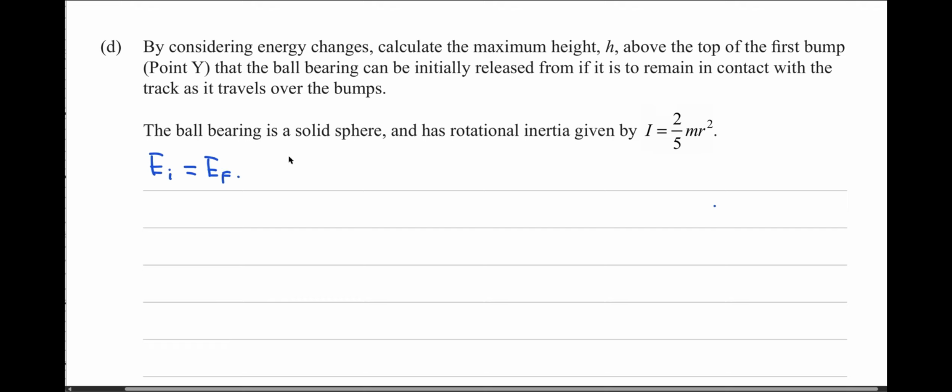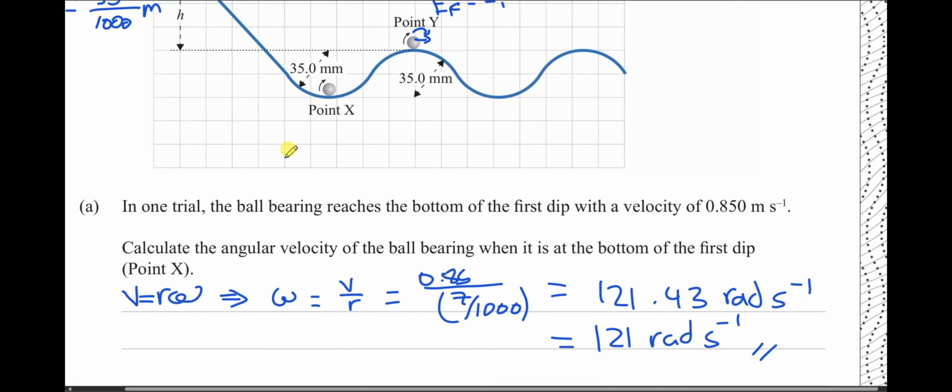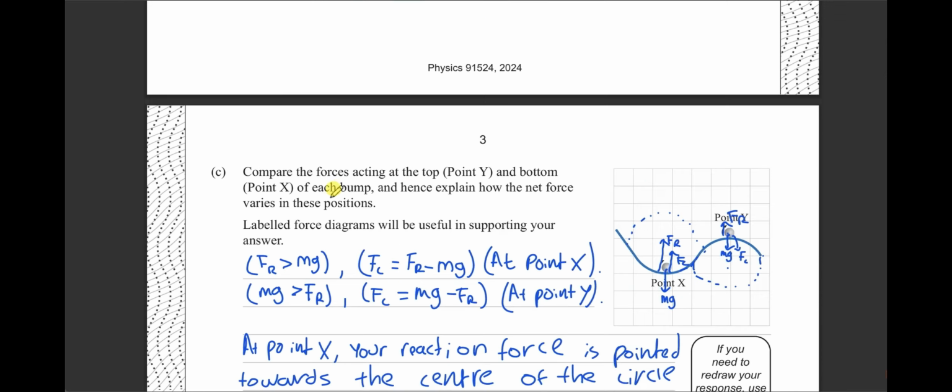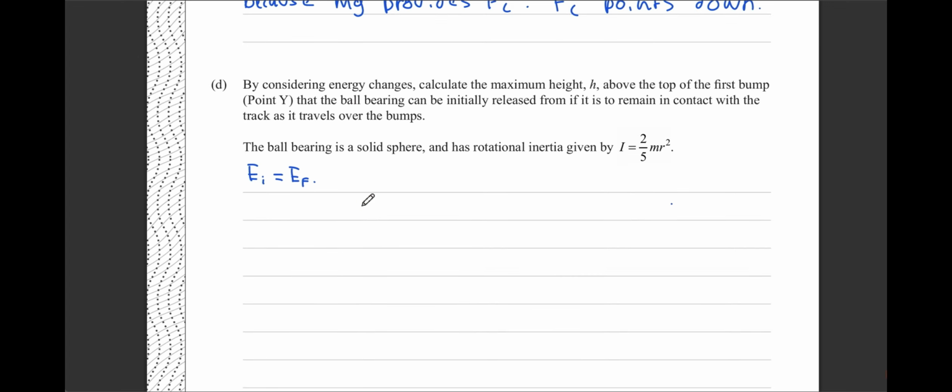The energy that the ball has at the top is purely gravitational potential energy. It's not moving, it's not rotating, so it doesn't have any energy other than gravitational potential energy.